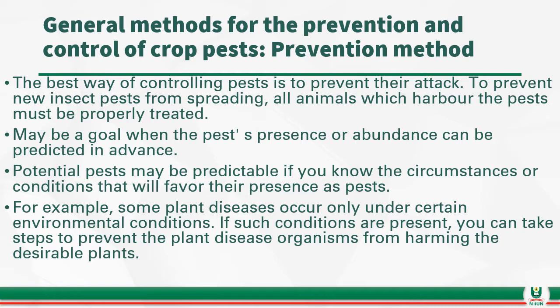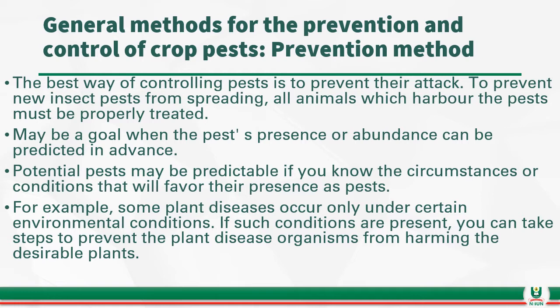But we are not going to be talking about integrated pest management in this class today because we will talk about that later. But it's important to note that integrated pest management involves one or two or even all of the four methods that I just mentioned.